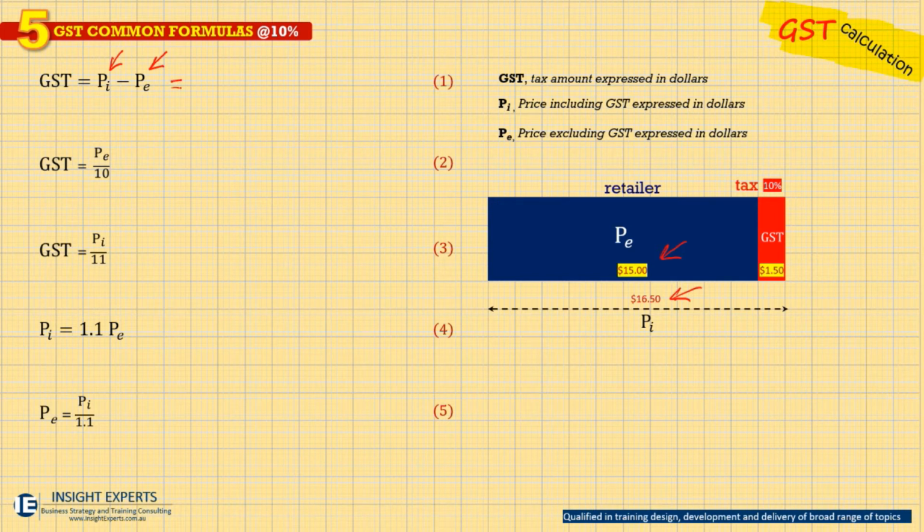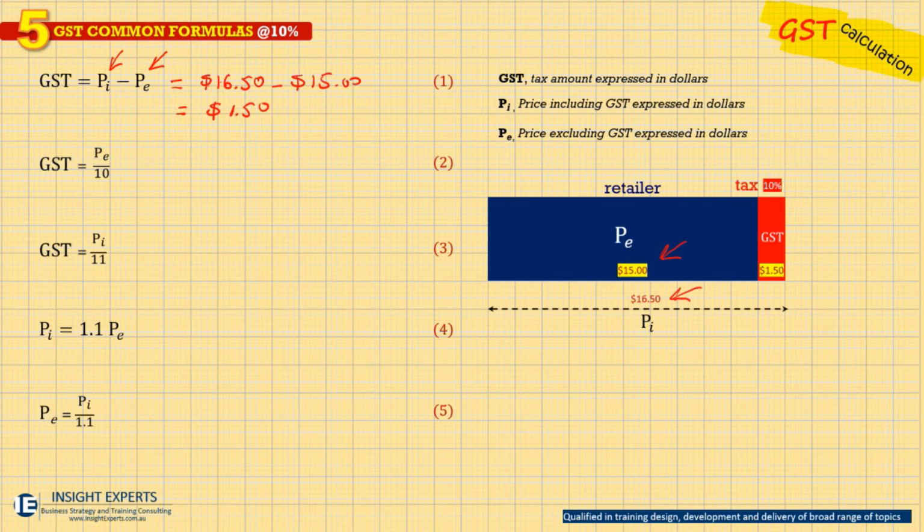GST is equal to $16.50 minus $15, and that is $1.50. So that's one way of calculating the GST, which is subtracting the 2 prices from each other.